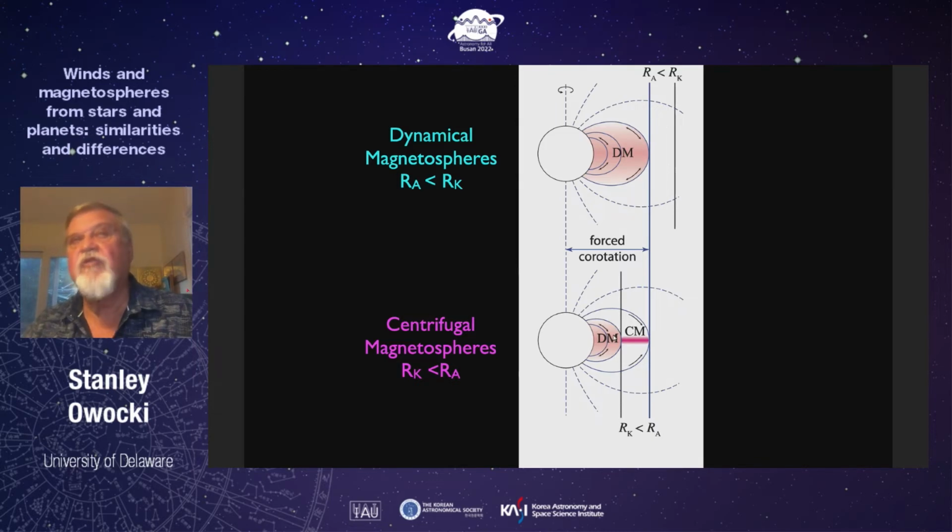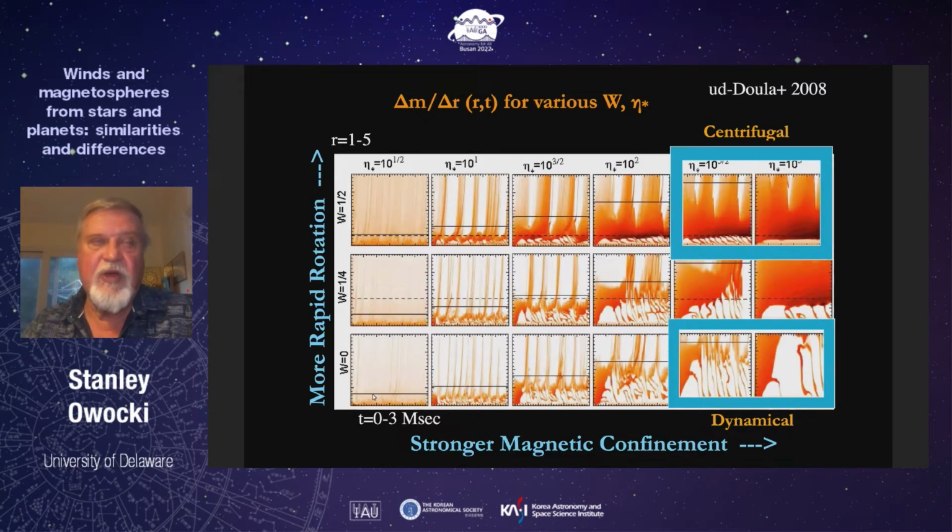And now we can do a series of models with increasing rotation. This is now plotting a quantity, which is the mass distribution in radius, delta M over delta R, as a function of radius and time for various values of the rotation parameter and the magnetic confinement parameter.